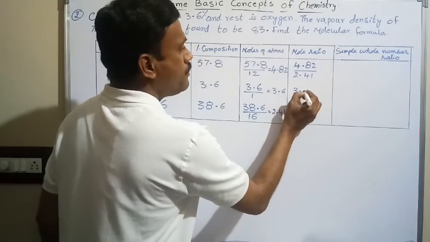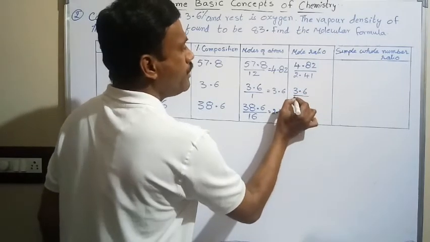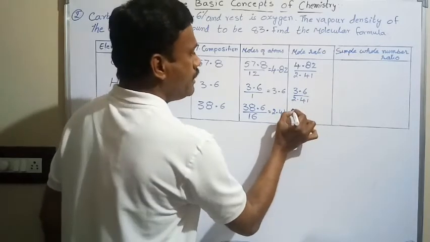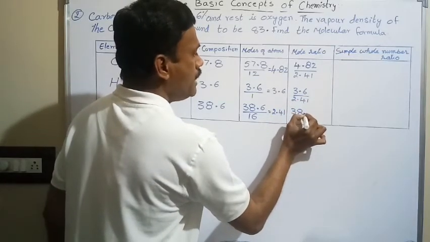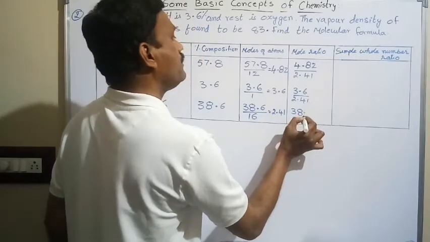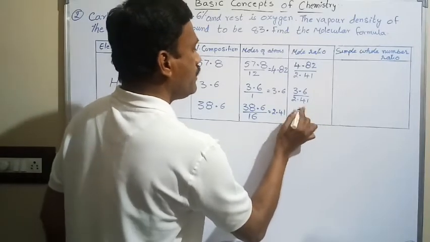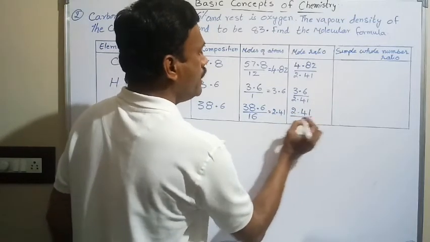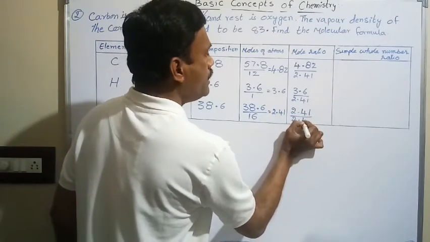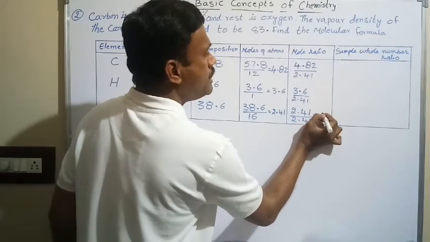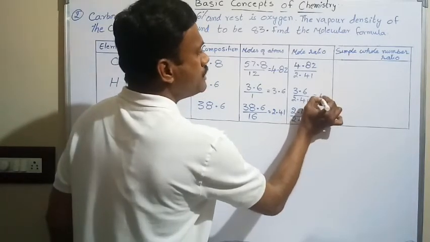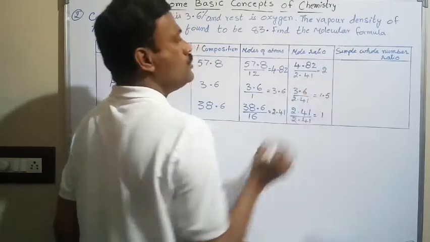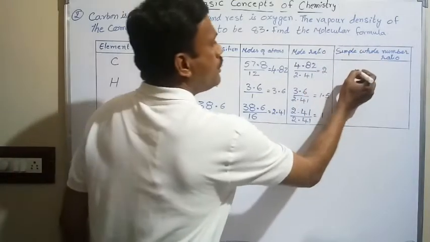Next, 3.6 divided by 2.41 gives 1.5. And 2.41 divided by 2.41 gives 1. This is the simple whole number ratio.